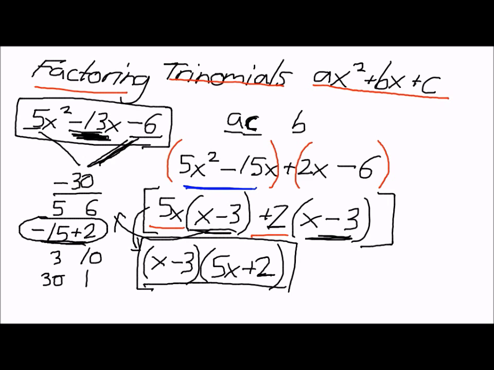I want to show one more example, and then I want to sum everything up into one simple recipe for you to write down on your equation sheet. So here we go. Here's the next example. 3x squared minus 10x plus 8.